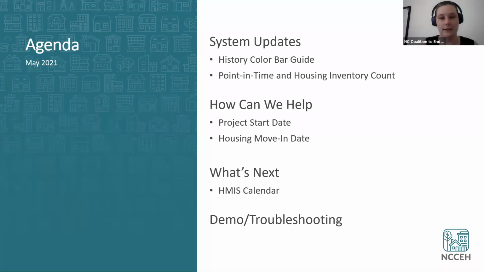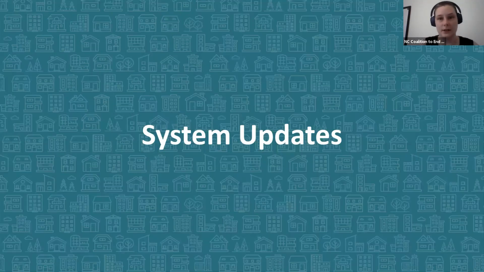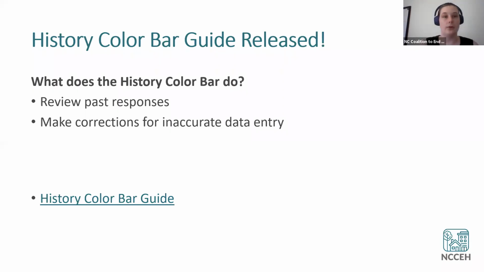All right, so to get us started today, let's go over these system updates. First up, we've got a new resource for you about the history color bar. We've talked about this in terms of corrections for federal reporting and how you can dive into the history of responses in HMIS to review what's been entered before and even make corrections if needed.